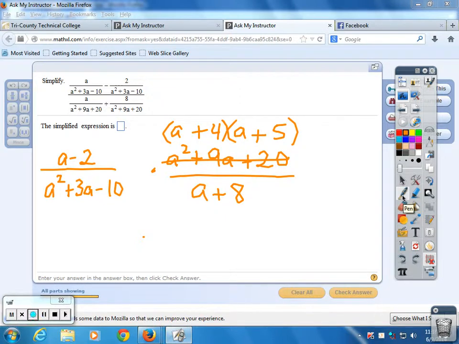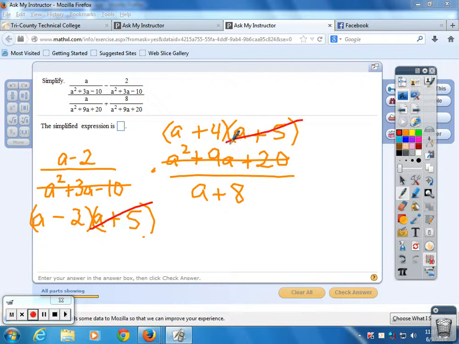And that's going to give me a, 2 and 5, a positive 5 and a negative 2. All right, so what happens? Let's take our red marker out because we've got to cancel something. What cancels? A plus 5.